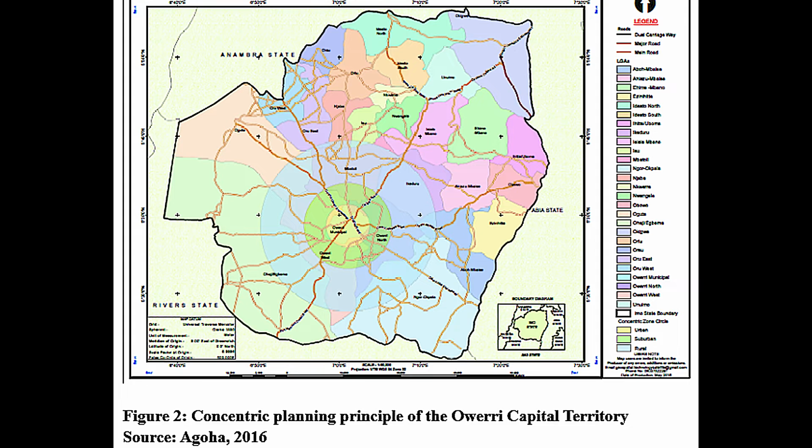The internal tangent is at a 10 kilometer radius from Owerri Amaeke General Post Office. The external tangent is at a 20 kilometer radius from the same point.